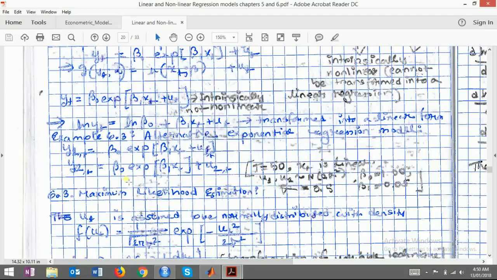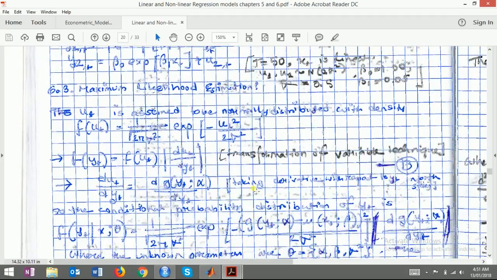Now y1t equals beta naught exponential of beta 1 xt plus u1t. This is an intrinsically nonlinear regression model, which cannot be transformed into a linear regression model. y2t on the other hand equals beta naught exponential of beta 1 xt plus u2t, which is intrinsically linear after the log transformation. When we solve the example in code, we will have T equal to 50 observations, xt is linear, u1 and u2 are both IID with zero mean and sigma squared variance, beta naught equals 1, beta 1 equals 0.005, sigma equals 0.5. With this information we will solve the problem with MATLAB and R.